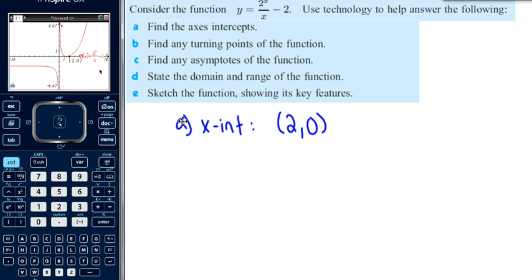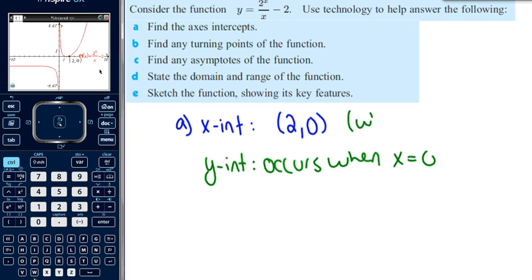As far as y-intercepts go, if you think about the function, the y-intercept happens when x equals 0. And likewise, the x-intercept occurs when y equals 0. If you think about the function that we're looking at, when x equals 0, we have a problem.